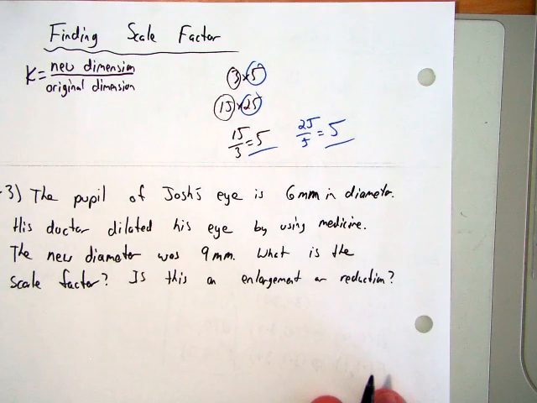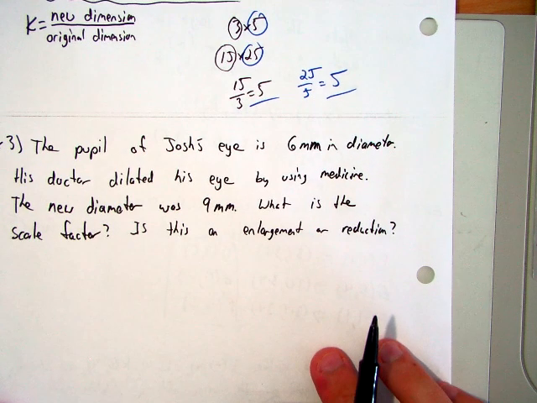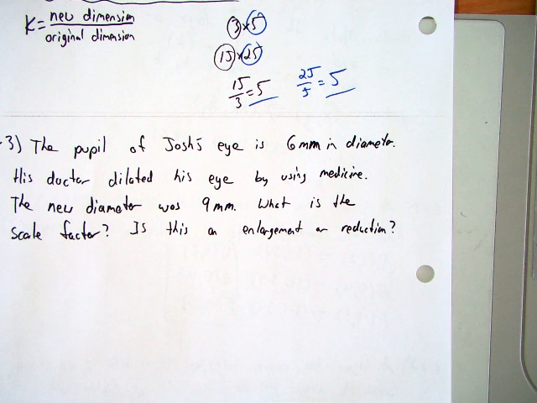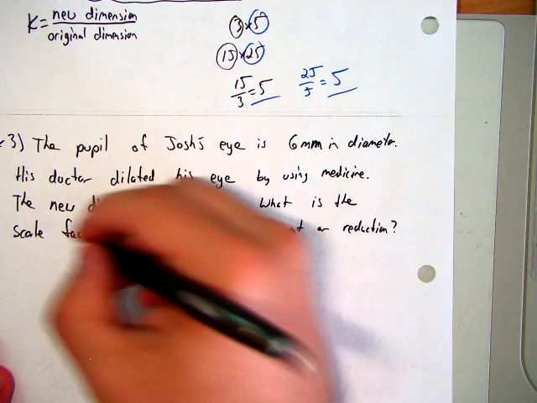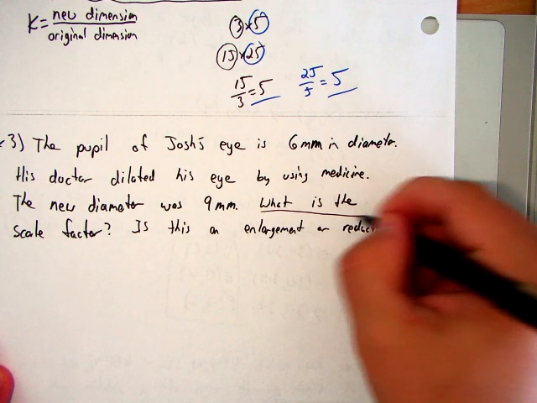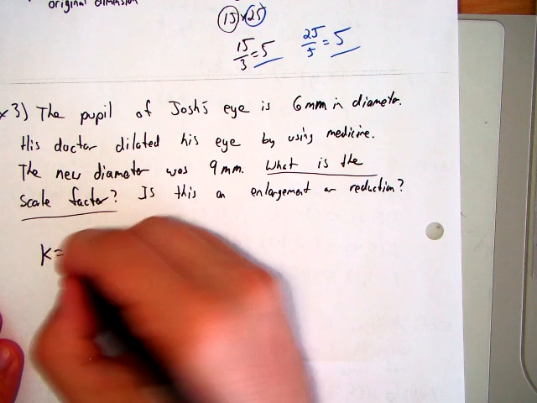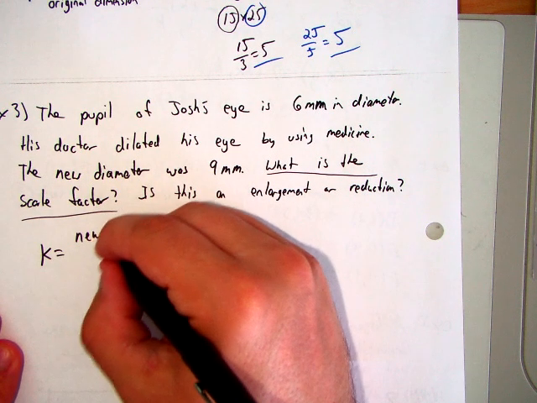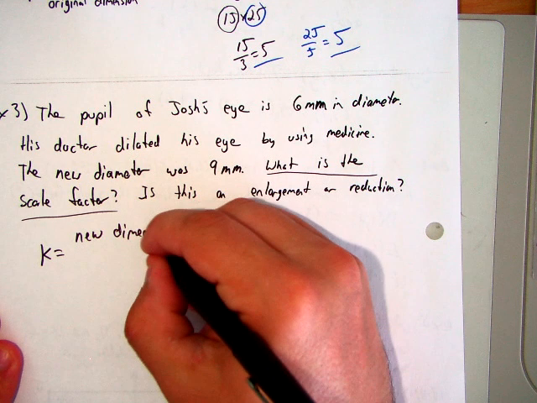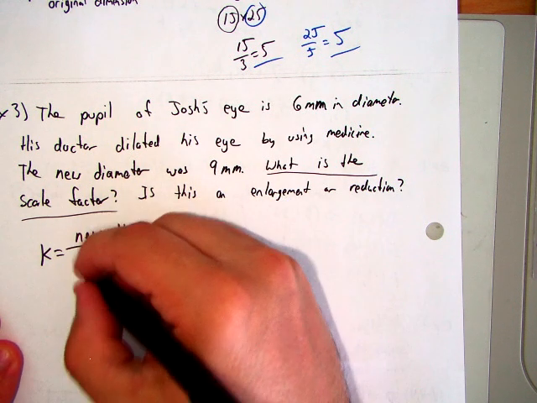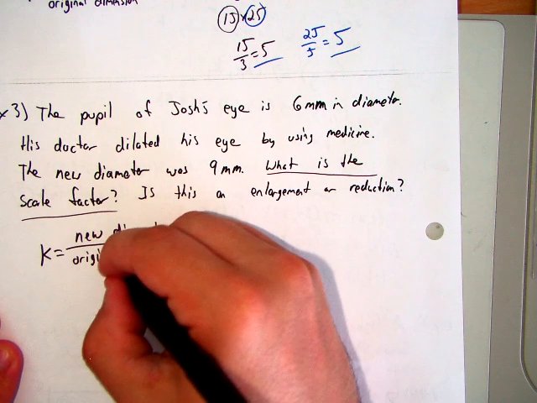So, example 3, let's apply that information now. The pupil of Josh's eye is 6 millimeters in diameter. His doctor dilated his eye by using medicine. The new diameter was 9 millimeters. What is the scale factor? So let's talk about that question first. What is the scale factor? Remember, K is equal to the new dimension divided by the original dimension.